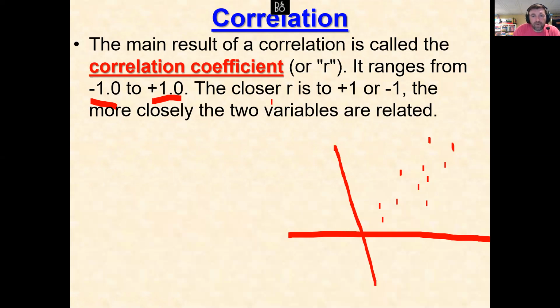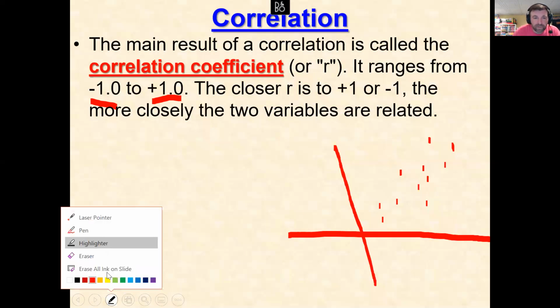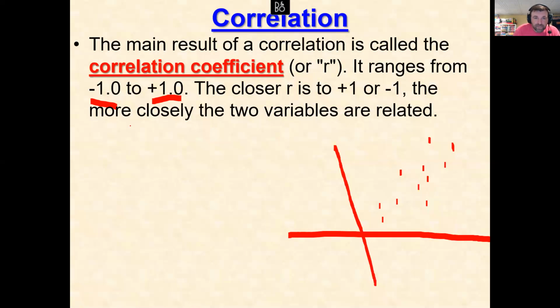Now, -1 and +1 also mean the same thing in one regard, because they mean they have the same strength. So when we talk about a correlation, one of the things that we refer to is the strength.